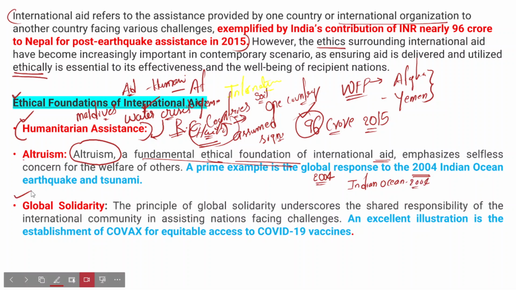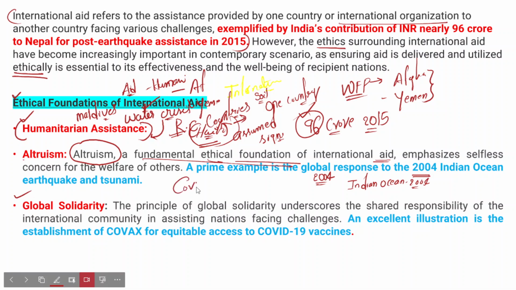The next aspect would be global solidarity. For example, when a particular section of the world is facing a problem. We can mention the recent COVID-19 pandemic. How devastating the pandemic was.